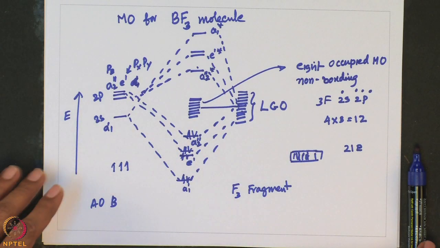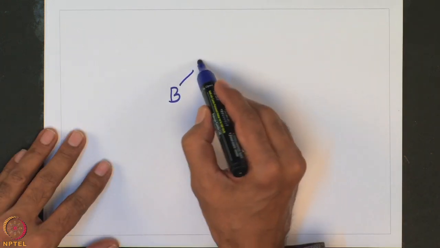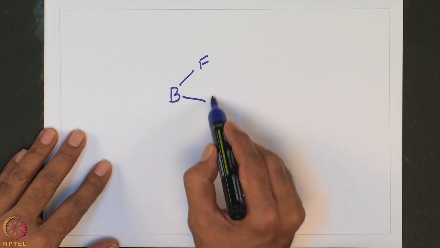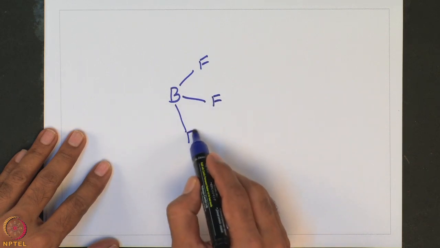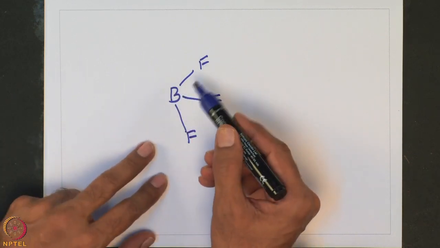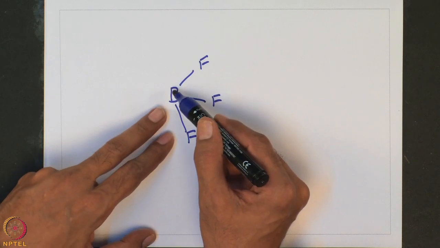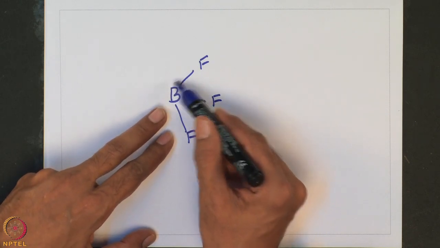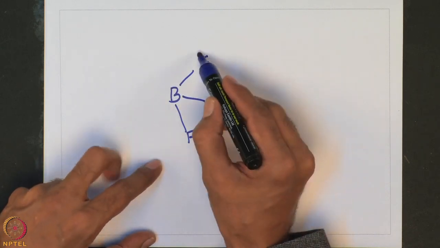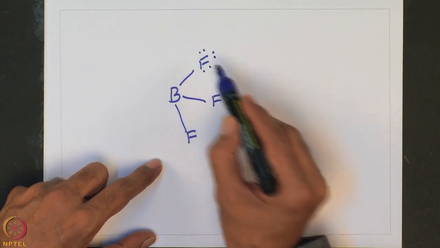Let me go back to the Lewis dot structure for BF3. Let me write it again. 3 electrons we have used now. We had 2s2, 2p1, 3 electrons used for making the bonds, and now the remaining electrons I write like this.